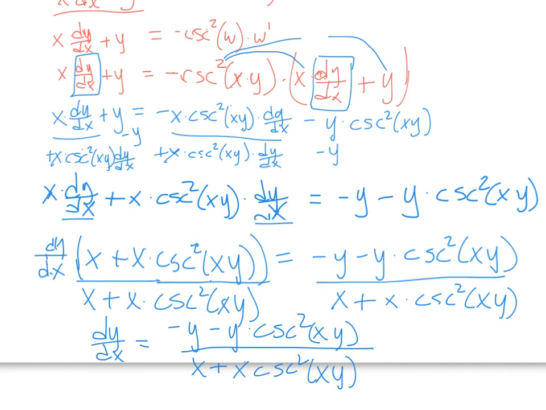So this is my derivative. Now we can factor out a negative y and an x, and you're going to divide some things out. Ultimately, you end up just getting negative y divided by x. This does simplify: if you factor that out, you get 1 plus cosecant squared in both the numerator and the denominator.